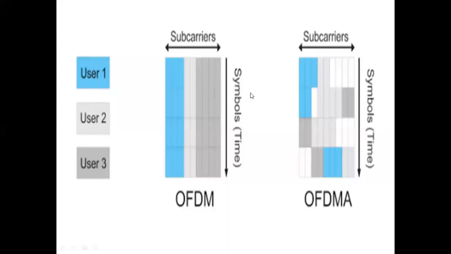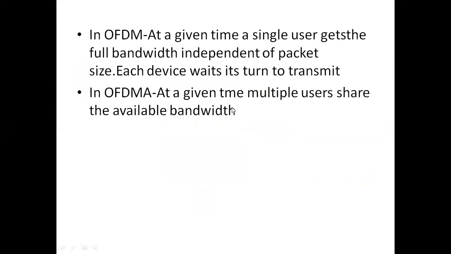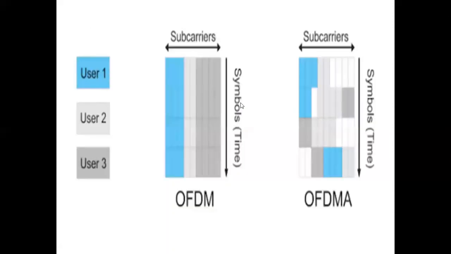Here our intention is, in order to get a better understanding of OFDMA, we should refer to FDM and OFDM. In FDM, the frequency is divided into subchannels, and those channels are separated by some guard band. That is, we are using more bandwidth.